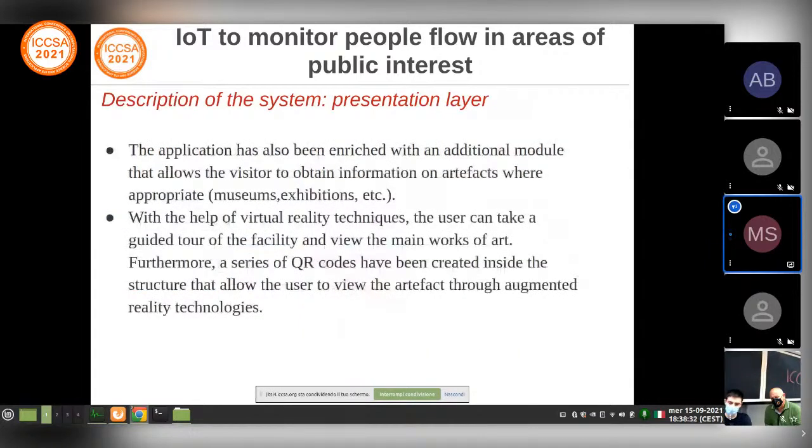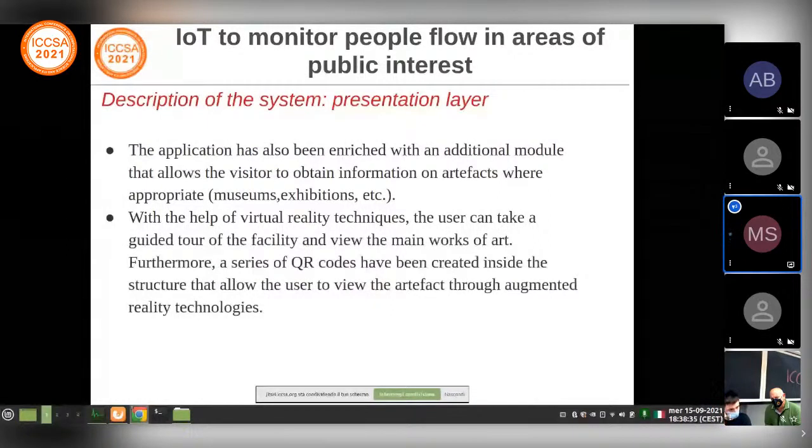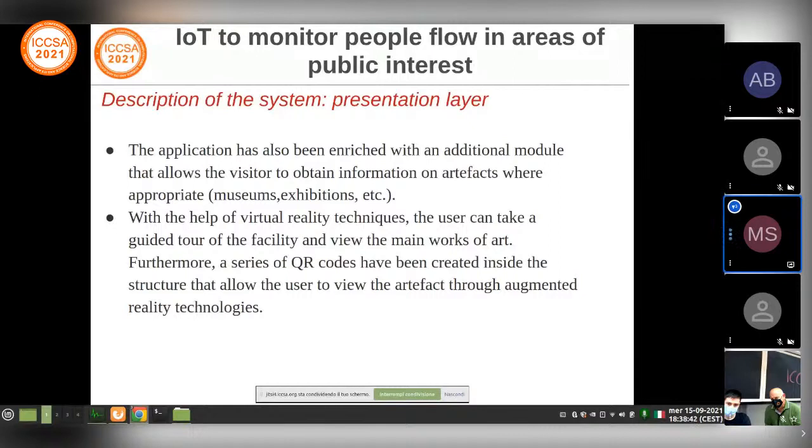The program has also been enhanced with a new module that allows visitors to get information on artifacts as needed. We intend museums, exhibitions, and so on.